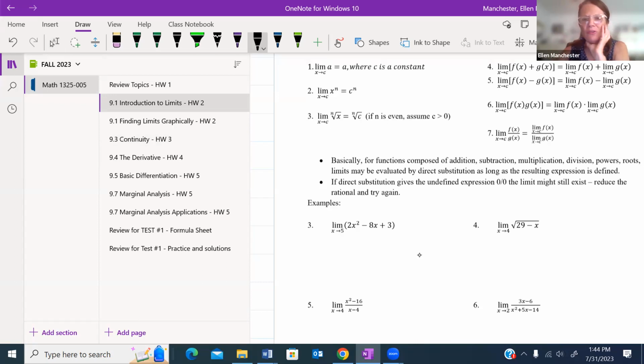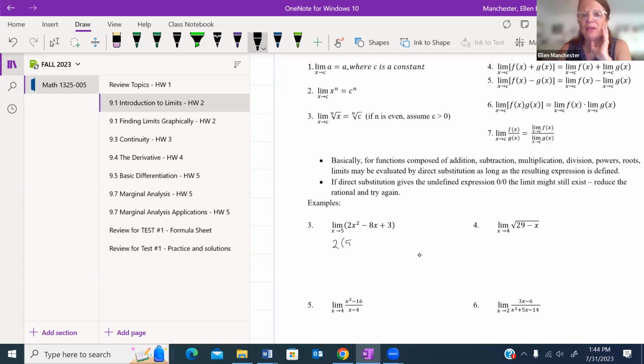This first one says the limit of this function as x approaches 5. Well, graphically, if x is 5, I look up to my graph to see, do my fingers come together? What's my graph doing? It's the same idea here. All I have to do is plug the value in.